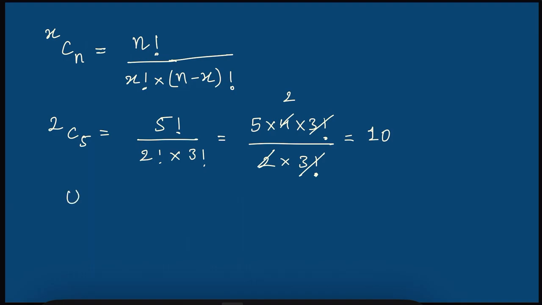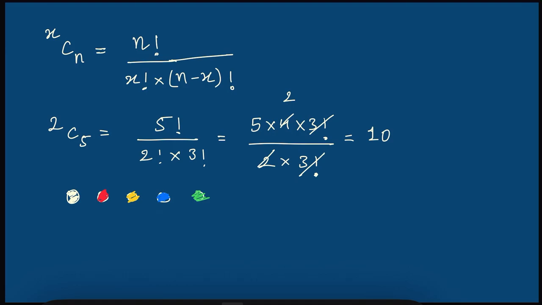Basically, 10 means that if we have 5 elements, 1 2 3 4 5, and we have to make combinations of two elements, then let's properly draw these 5 elements. This is a white ball, a red ball, a yellow ball, a blue ball, and a green ball.